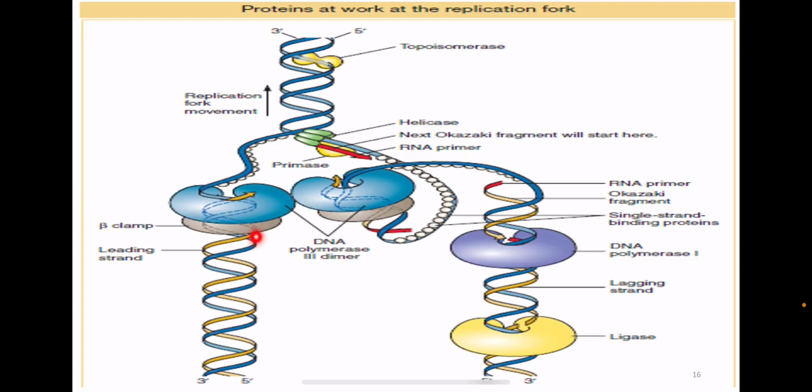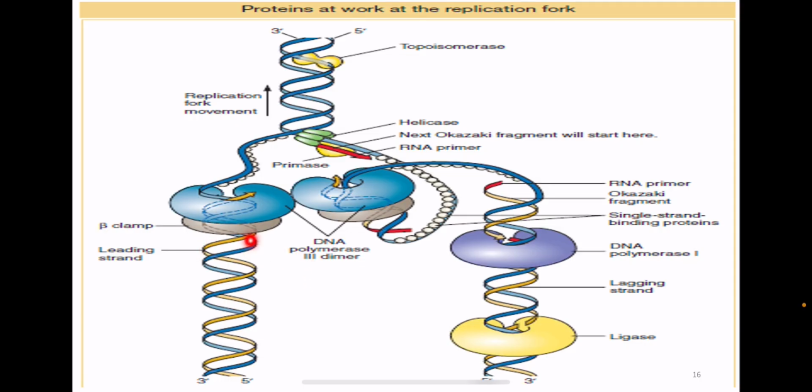And there's a clamp. In prokaryotes, it's called the beta clamp. It will have a different name in eukaryotes. The clamp holds the DNA polymerase 3 intact, preventing it from falling off. This plays a big part in differentiating polymerase 3 from other polymerases, because other polymerases are not constitutive; they cannot stay on the strand, that's why we don't use them.